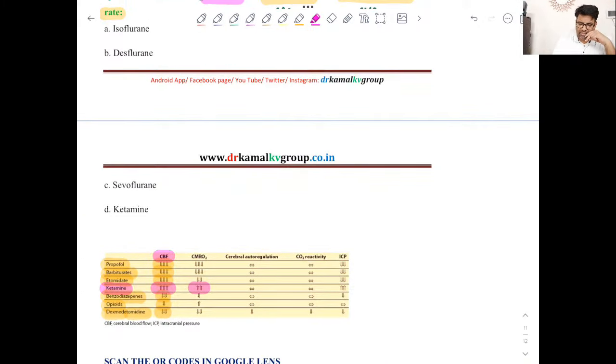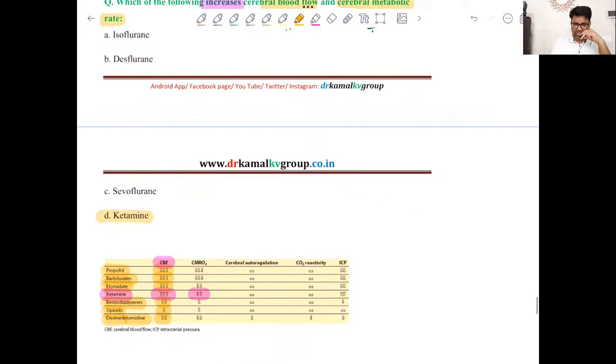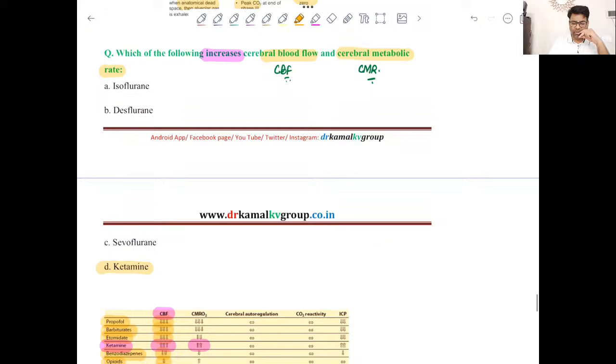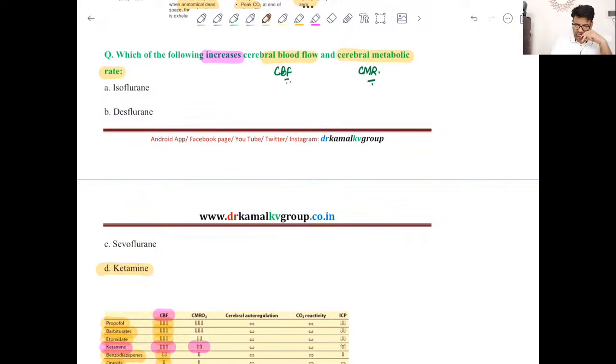It increases cerebral blood flow and cerebral metabolic rate. Yes, very good, Avik Das. And that's the reason why we don't prefer it. That is why it is contraindicated in patients with raised intracranial tension.